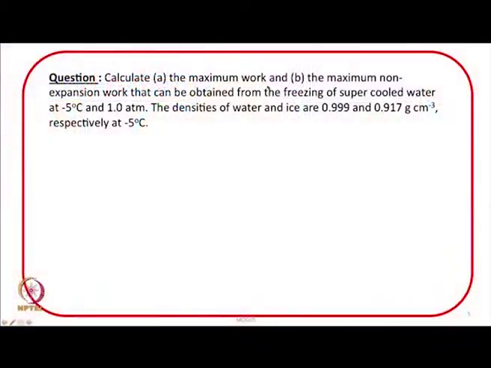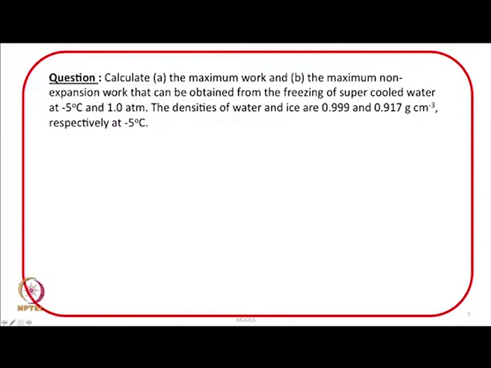Let us try to examine the question and see what is being asked and how we should approach answering such questions. We are asked to calculate the maximum work. Maximum work means we have to calculate delta A, and then we have been asked to calculate maximum non-expansion work.